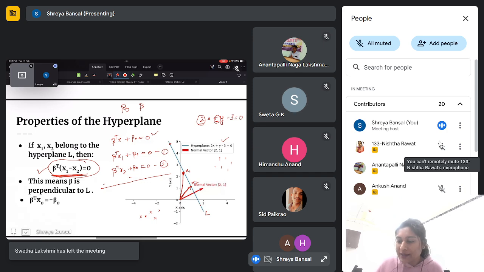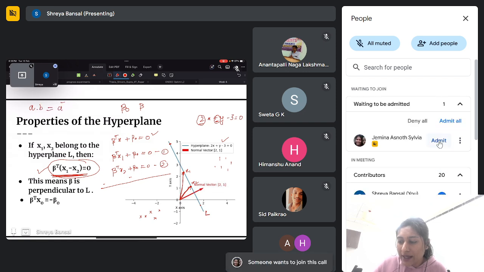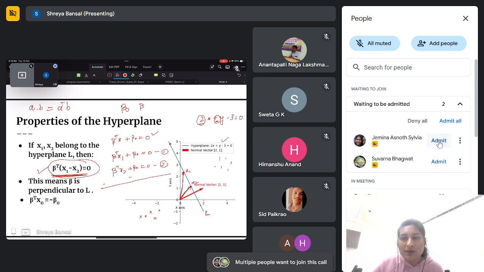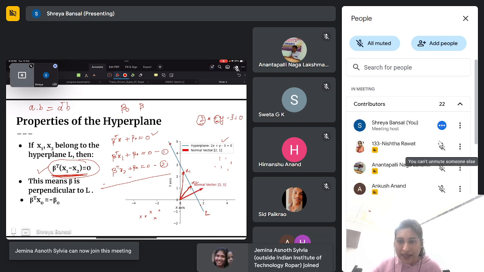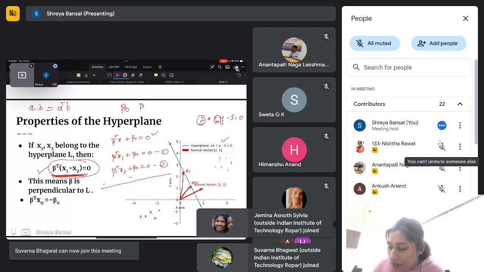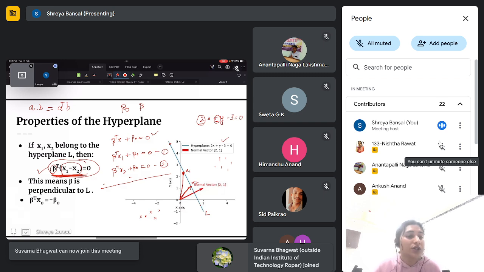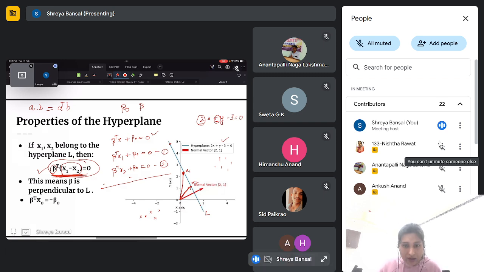The dot product of A and B is written as A transpose B. So from this equation, the dot product of beta and x1 minus x2 is equal to 0. It means beta and the vector x1 minus x2 are perpendicular to each other.